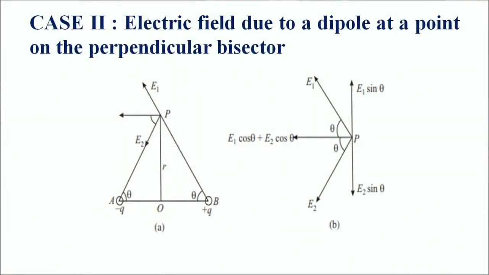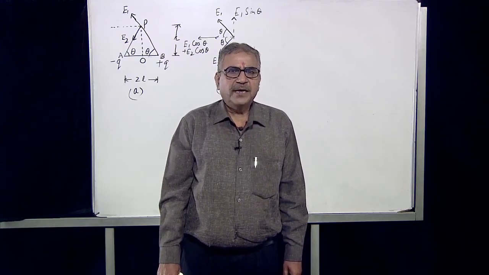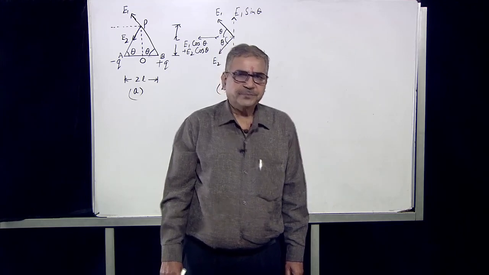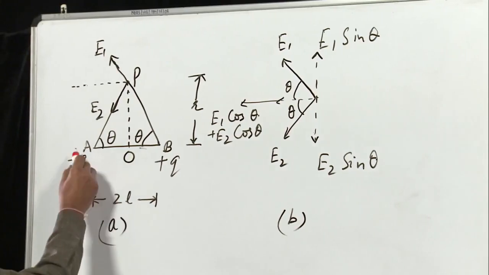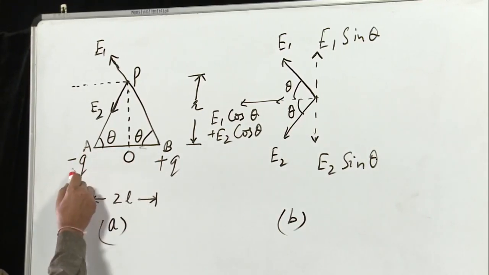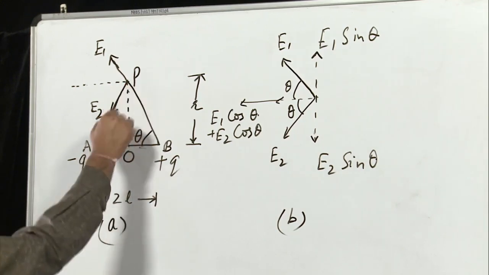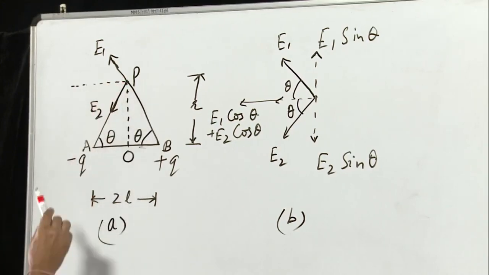Now, let us calculate the electric field in the second case when the point P lies on the equatorial line of the dipole. So, let us come to the board to find out the electric field due to a dipole on its equatorial line. Let us refer to figure A. Here we are having a dipole AB, charge minus q is here, charge plus q is here, and this is point P on its equatorial line, means on its perpendicular bisector.